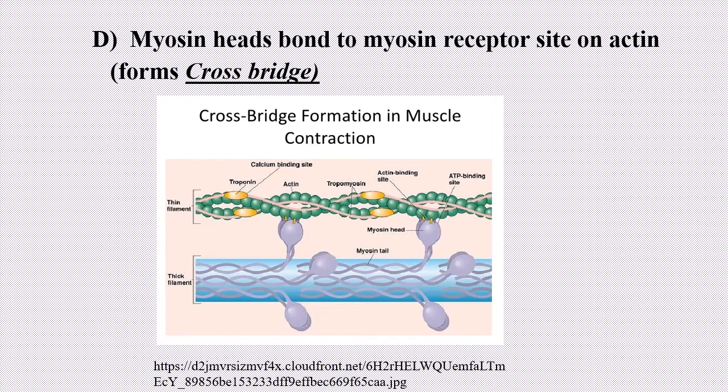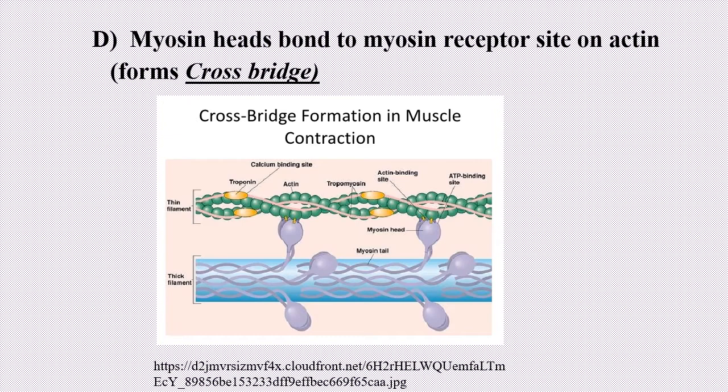So now the little myosin heads can bond to the myosin binding sites on the actin. This forms what we call a cross bridge. If you go back and look at your assessment statements, there's one point where it says you need to show the myosin heads attached to the myosin binding sites or receptors, and that is the cross bridge component.